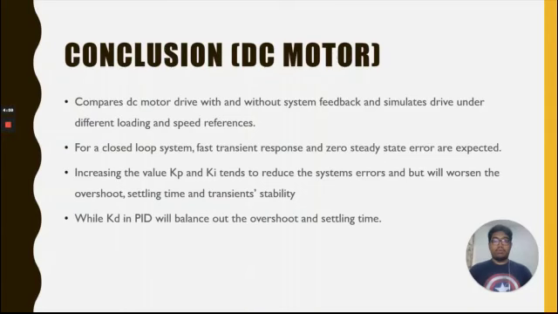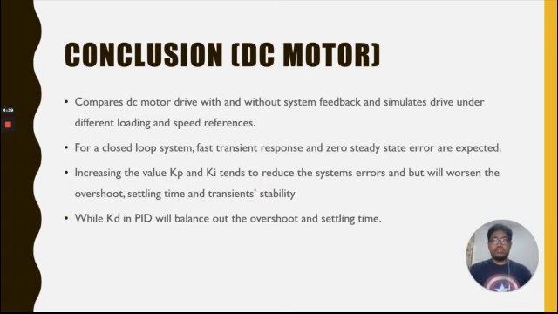My name is Muhammad Mabekali, ID FA17008. I will continue the presentation regarding the conclusion for these two projects. For the DC motor project, we compare the DC motor drive with and without system feedback and simulate the drive under different loads and speed references in a closed loop system.